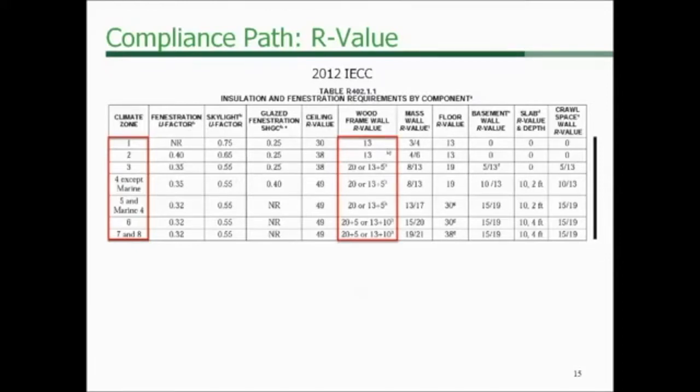So for our example, the R13 2x4 wall is compliant in climate zones 1 and 2. Now you'll notice that it doesn't actually say whether you need a 2x4 or 2x6. It's just kind of assumed information that you're not going to try to put R20 into a 2x4.